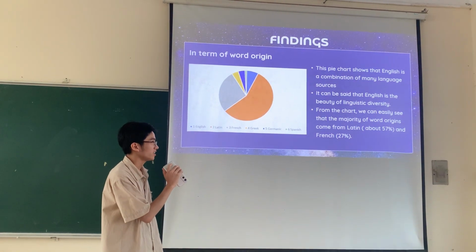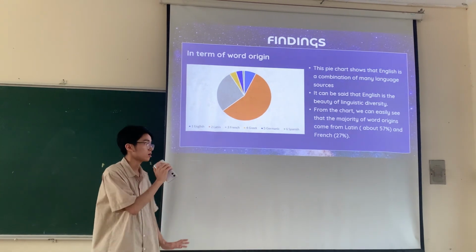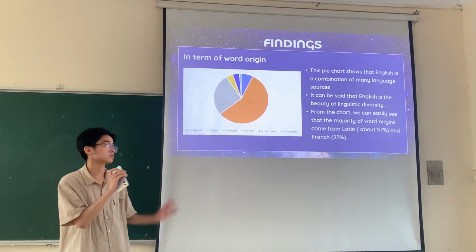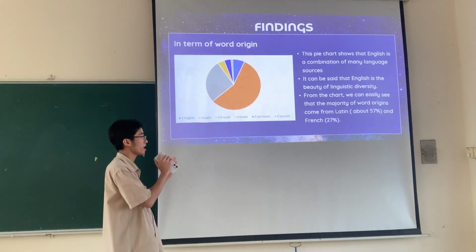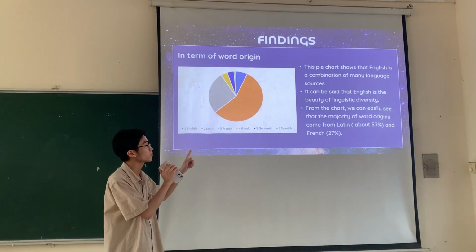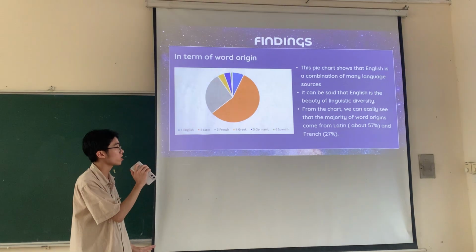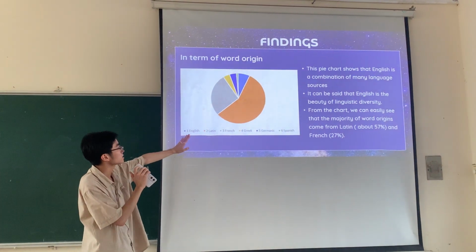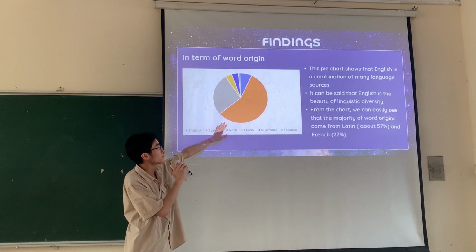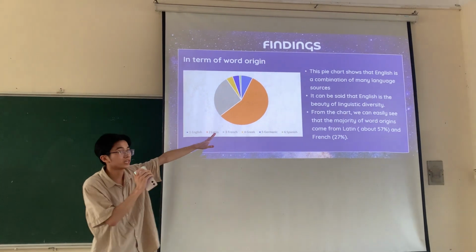It can be said to show the beauty of language diversity, and we can easily see that the majority of word origins is from Latin. It has the highest percentage, and you can see it in orange.